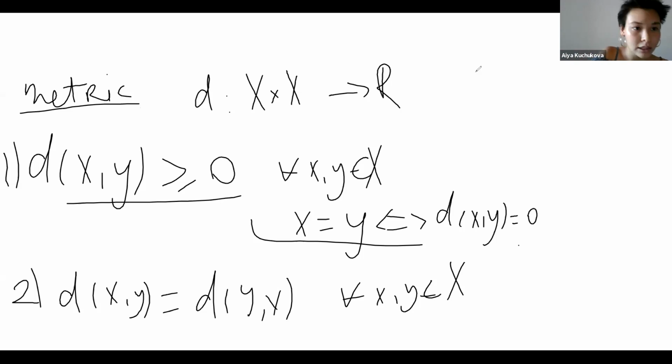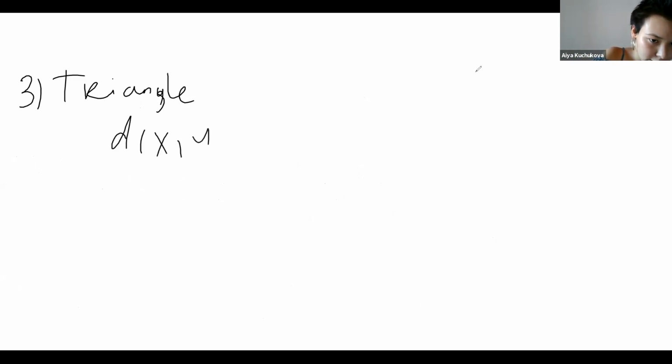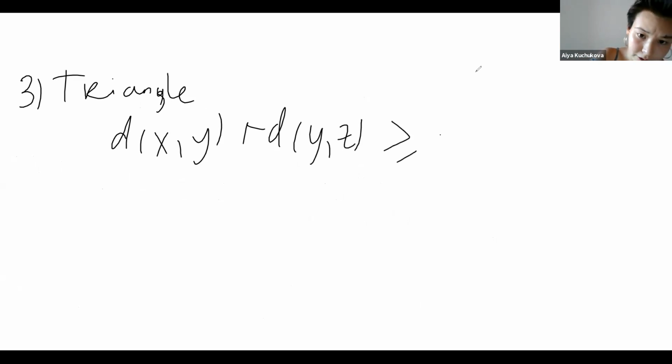And then the third property is the triangle inequality. This is super important for analysis, and analysis has a lot to do with topology, so it's very important in topology too, I guess. So d(x,y) plus d(y,z) is bigger or equal to d(x,z). What does it tell us? Say you have a point x, a point y, and a point z.